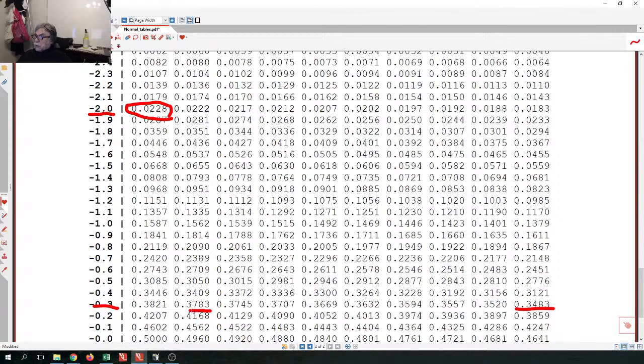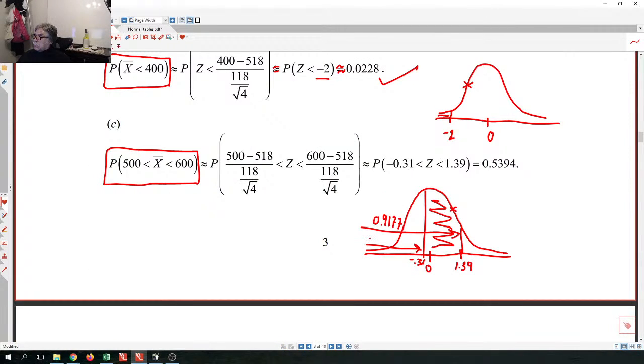That will be here. Okay, looks like 37.83%, 0.3783. So this piece here is 0.3783.